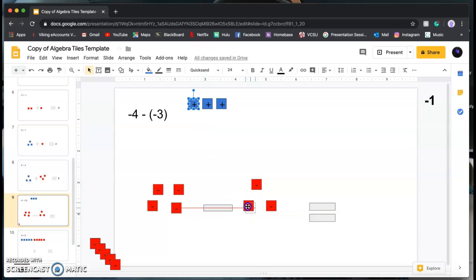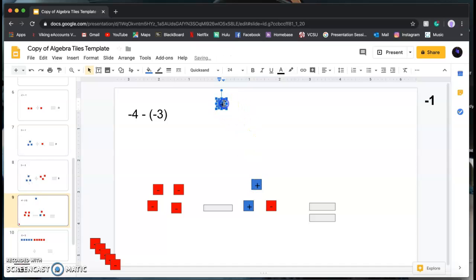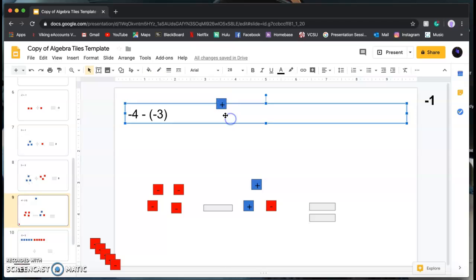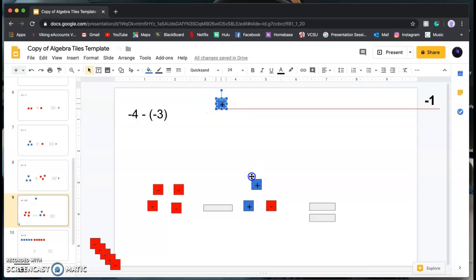So I would switch these negatives to positives. There we go. Alright, so now I have -4 minus 3.